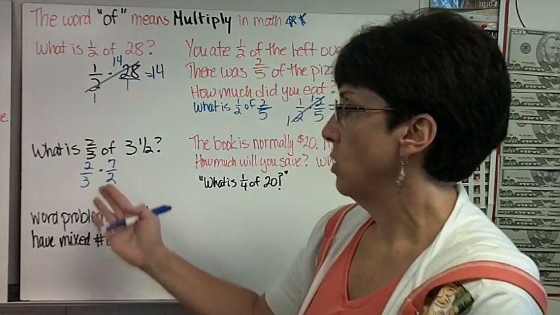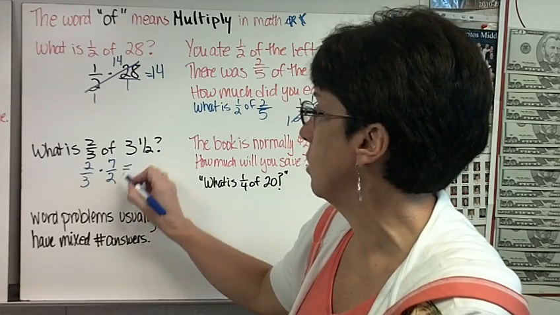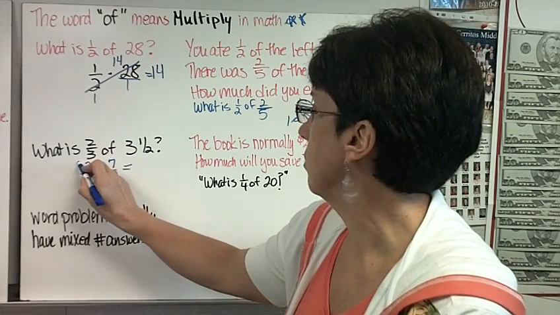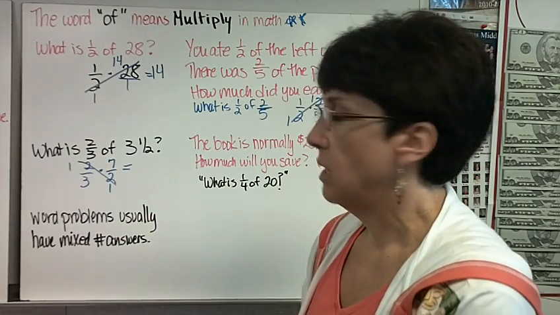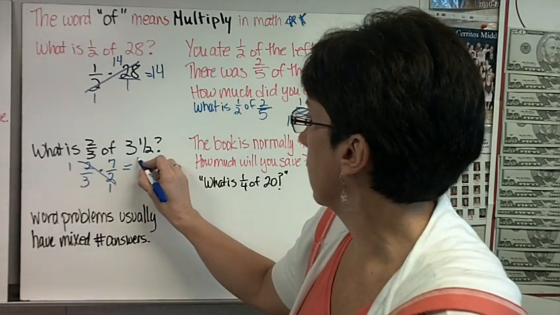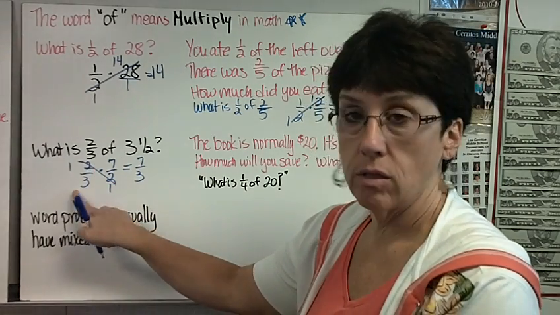Once again, they're both positives, so I don't have to worry about it being negative. I see a common factor. 2 goes into itself once, 2 goes into itself once.